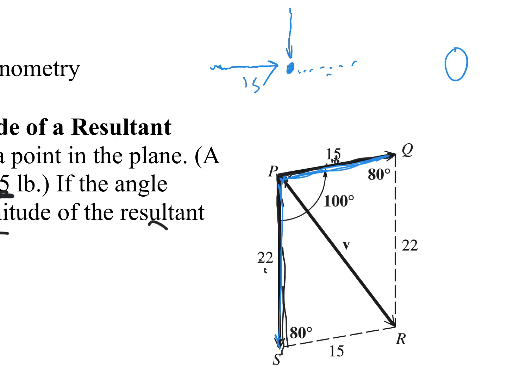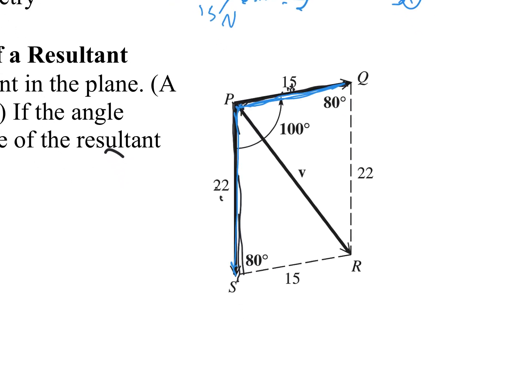If that person is doing a 15 Newton and that person is doing the 22 Newton, well, unfortunately, the desk isn't going to end up over here because the 22 Newton outpowers the 15. So the desk is not going to go to the right. As a matter of fact, you can look at this diagram and say, with a 15 Newton force going this way and a 22 Newton force going this way, that desk is moving this way.